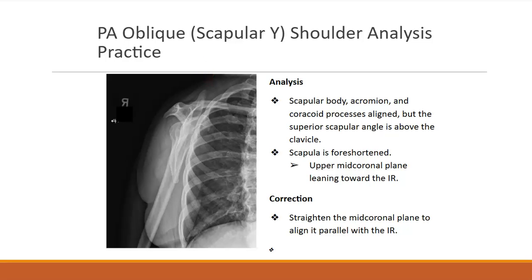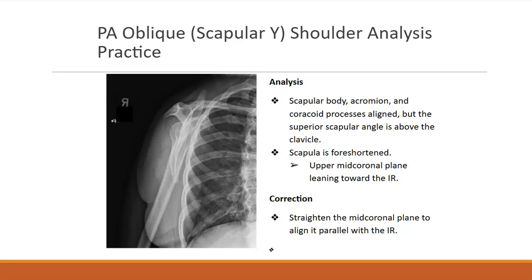If it is not in line with that clavicle and is projected above, then the patient is leaning more towards the IR. So there is some anterior tilt here. In order to correct this, we need to straighten up that mid-coronal plane until it's aligned parallel with the IR. Otherwise, the scapular body will be foreshortened.